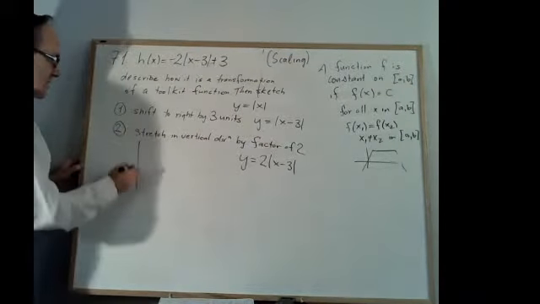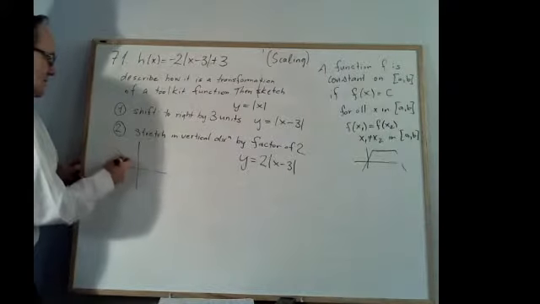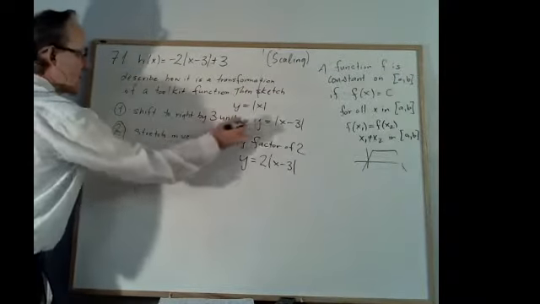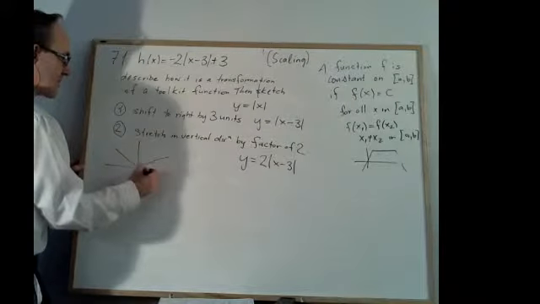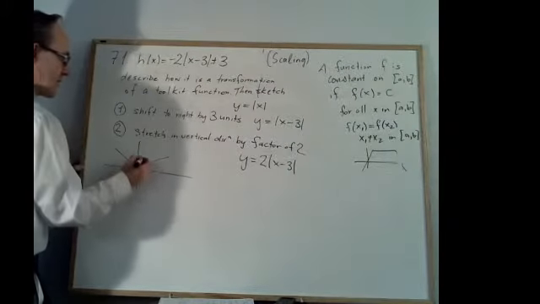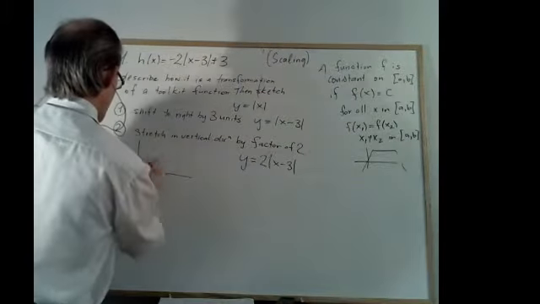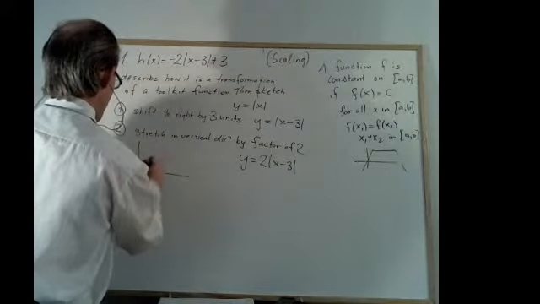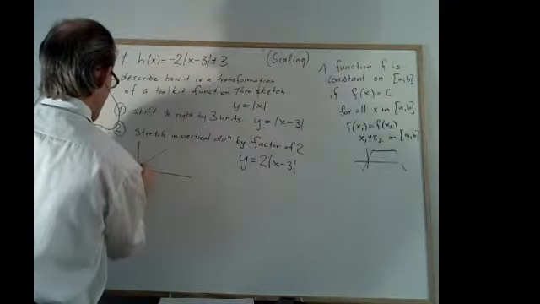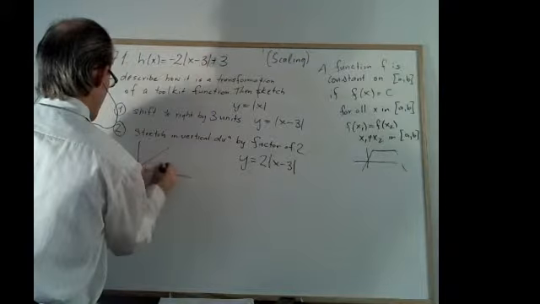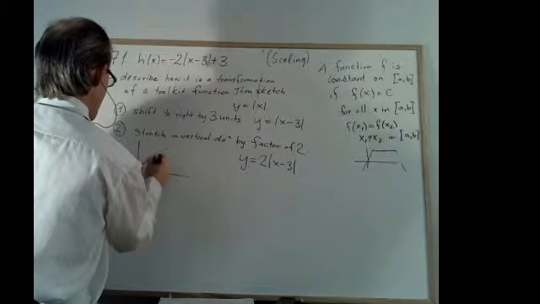Okay, so how it's looking is, here's the graph of y is equal to absolute value of x, and you shift it to the right by 3. Like this.